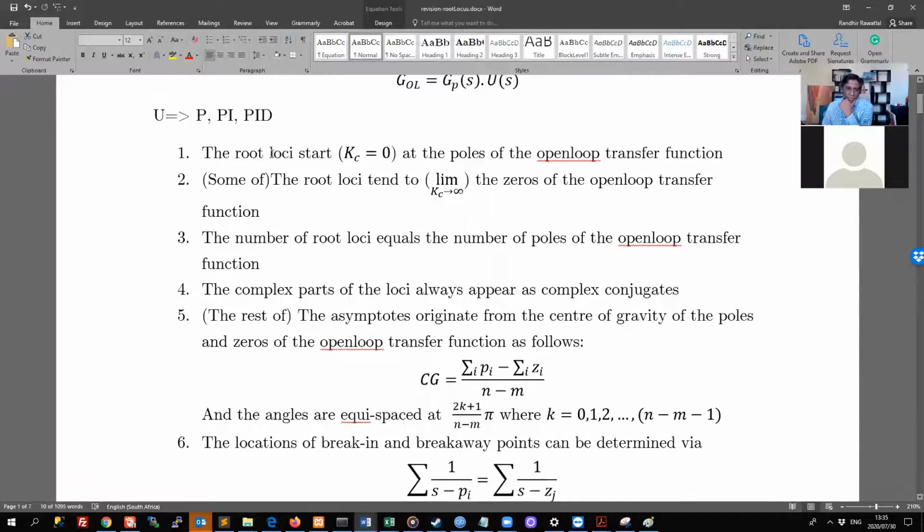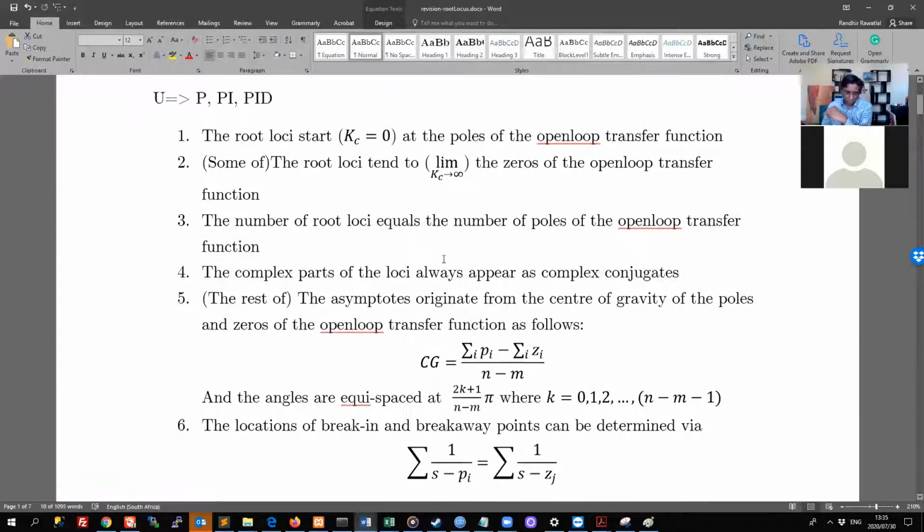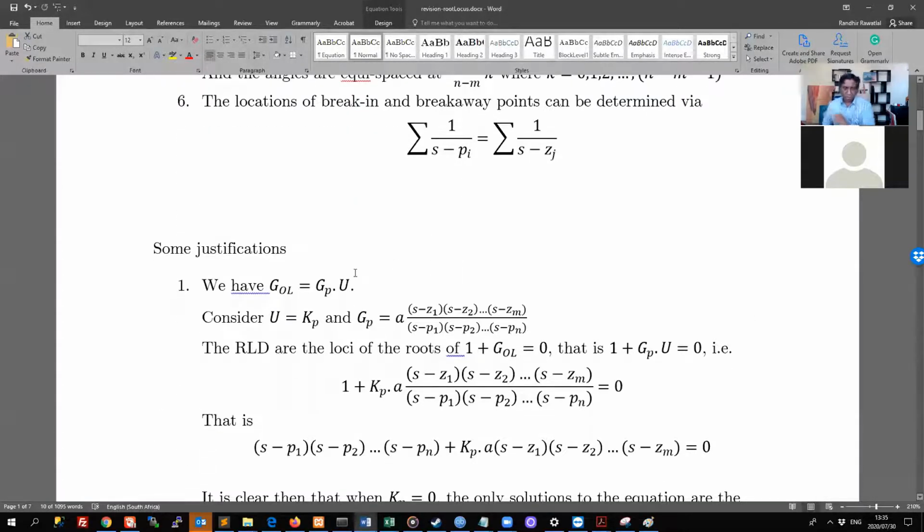So we said here the root loci start at the poles of the transfer function. So we sort of saw that now, but let's look at justifying it a little better. So here we know that our open loop transfer function can be written as the product of the process and the control function. So if we know that the process is written in terms of its zeros and its poles like this, right?